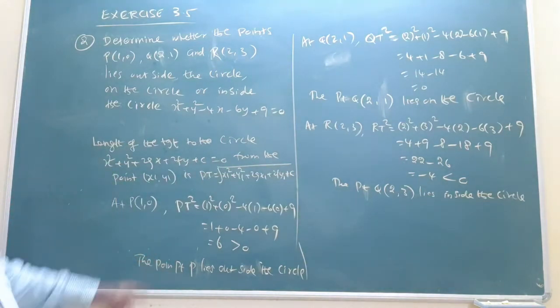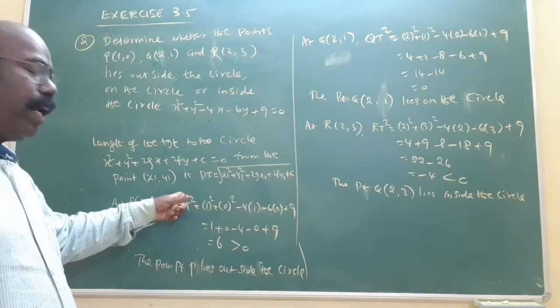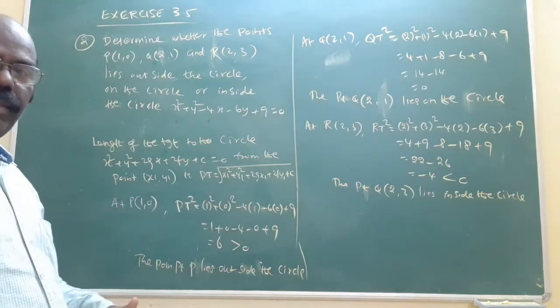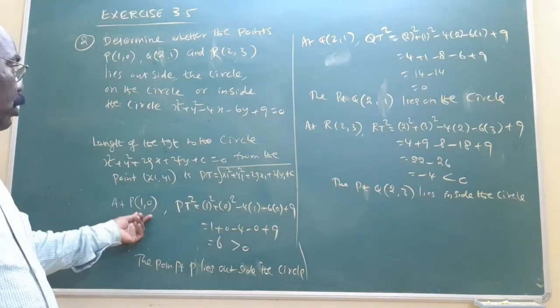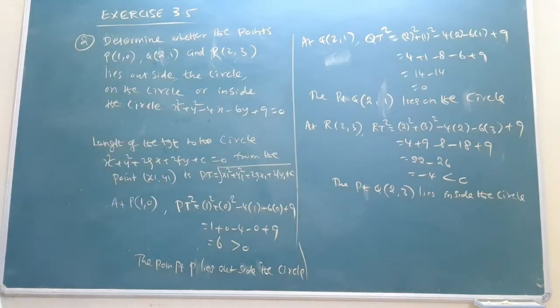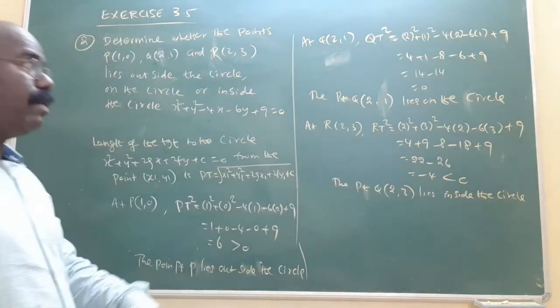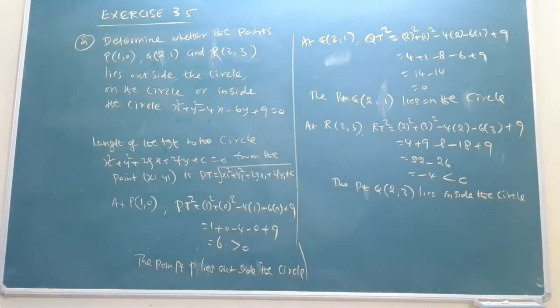PT equals root of something, but we want the square, that is without the square root. Substitute the point in the given circle. Read the question clearly. This question might be a 5 mark question, and a 3 mark question also will come. It is an important concept, and in the exam the same type of question is there.